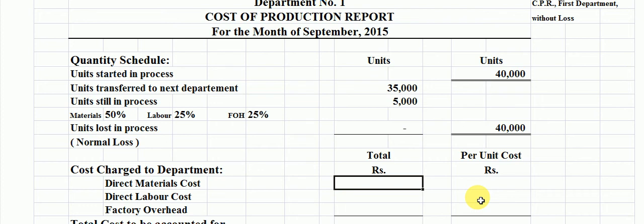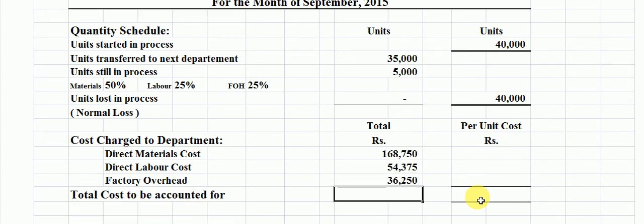The direct material cost is 1,68,750 rupees. Direct labor cost is 54,375 rupees. And factory overhead is 36,250 rupees. Students, these are the three costs.